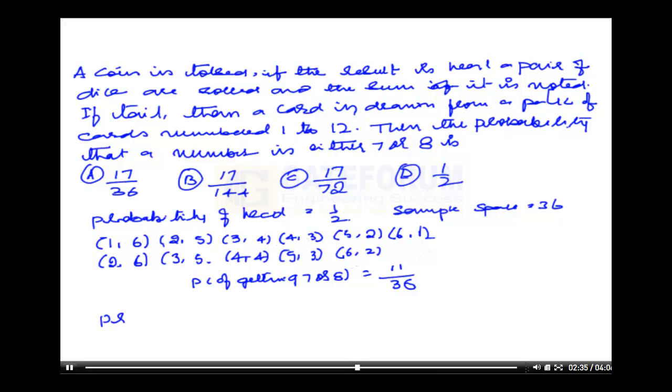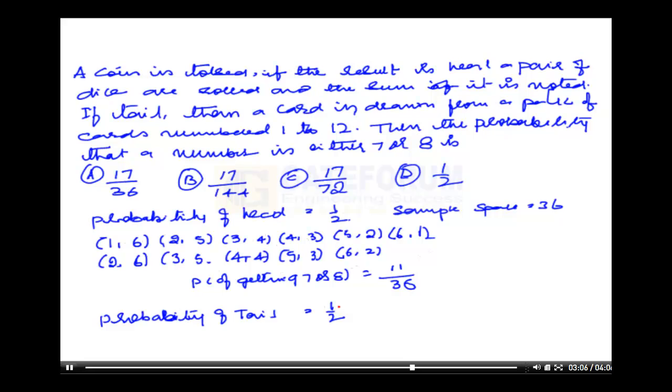Suppose we get tail, let us say the probability of getting tail is again 1 by 2. So here when you get tail, we have to draw a card from a pack of cards. So it should be either 7 or 8.